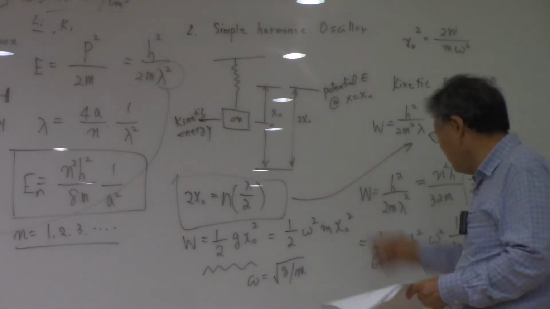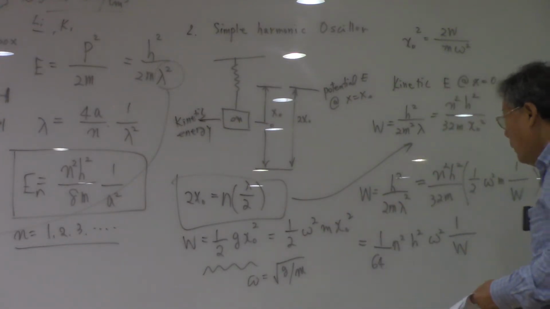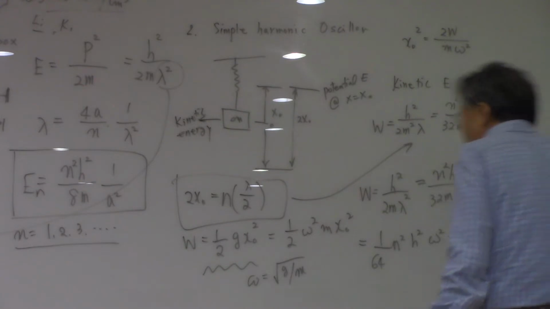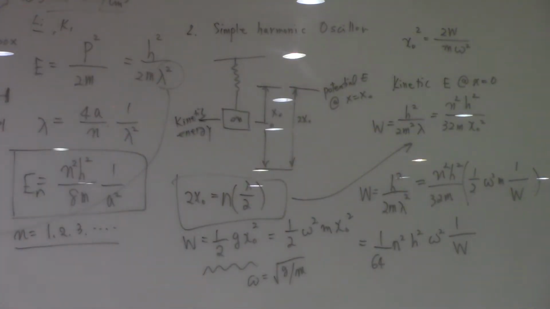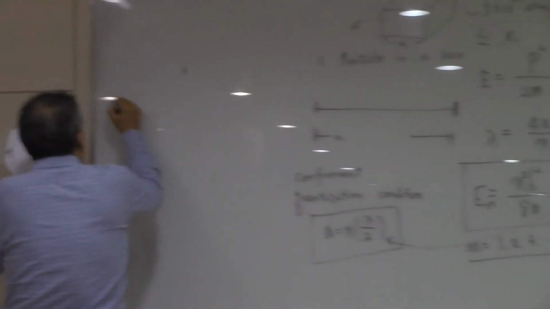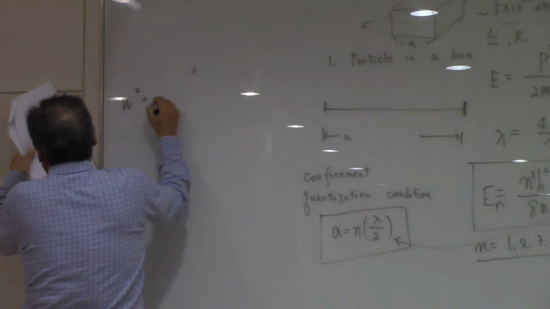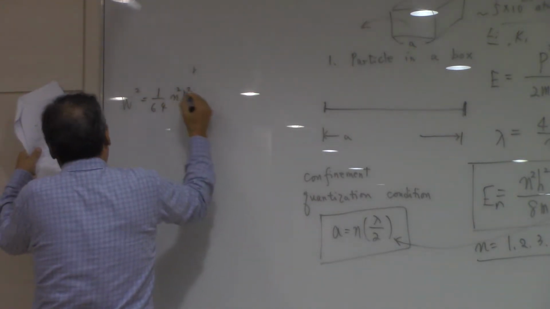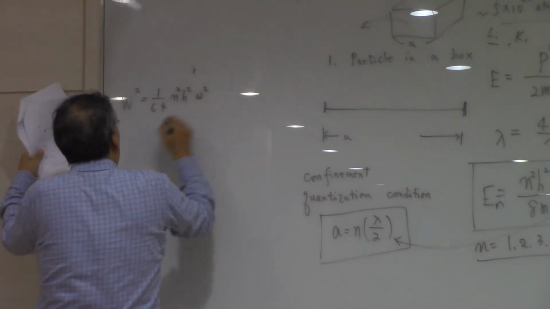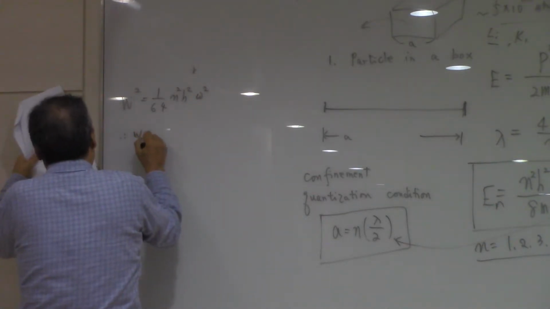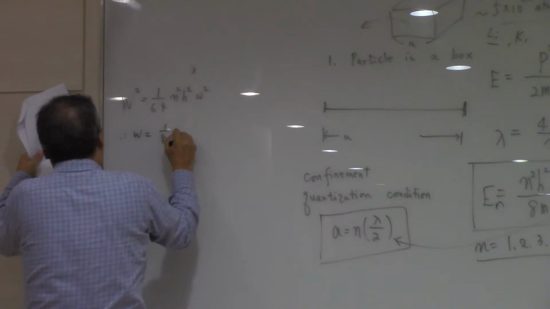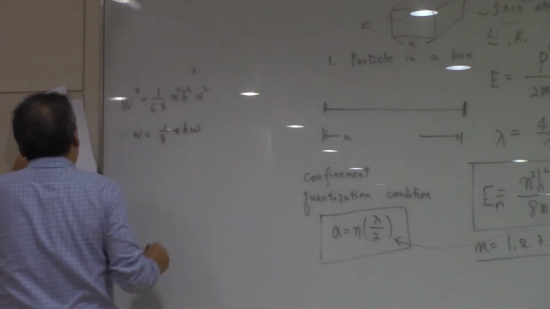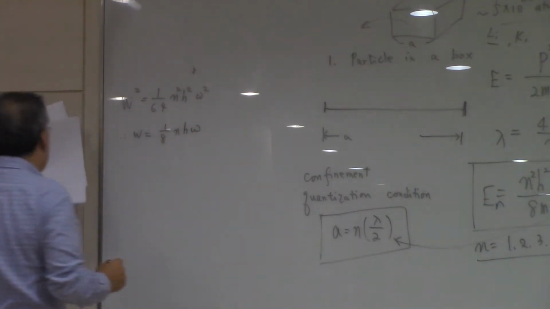W is the same W here. Okay, then we rearrange that, and we end up with W square being 1/64 n square h square omega square, so that W is 1/8 n h omega. All right?